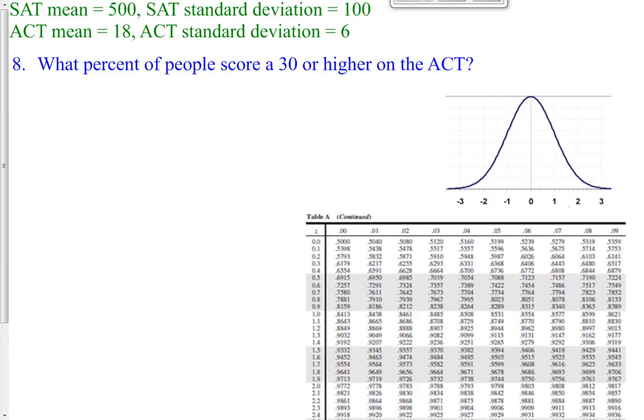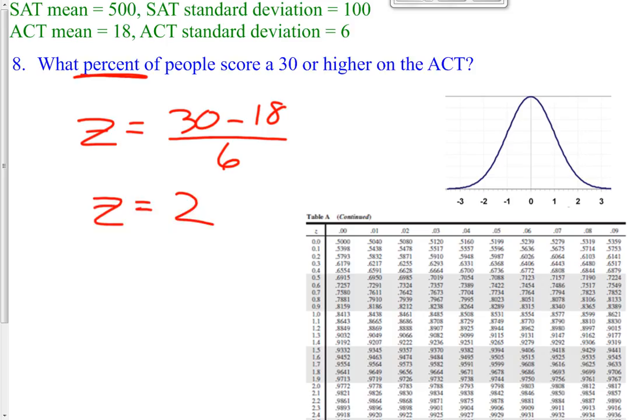Here's question number 8. What percent of people score a 30 or higher on the ACT? Once again, if it's asking for a percent, I'm going to say, what is the z-score? Because I could always match a z-score to a percentile in our Table A. So what is the z-score of a 30? 30 minus the mean, 18, divided by the standard deviation of 6. 30 minus 18 is 12, and 12 divided by 6 is a z-score of 2.